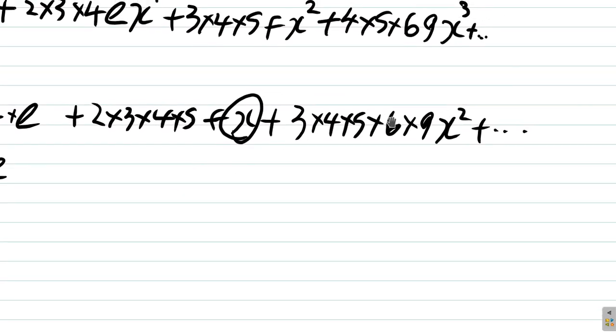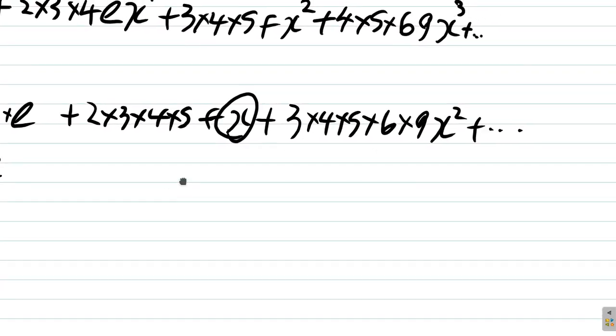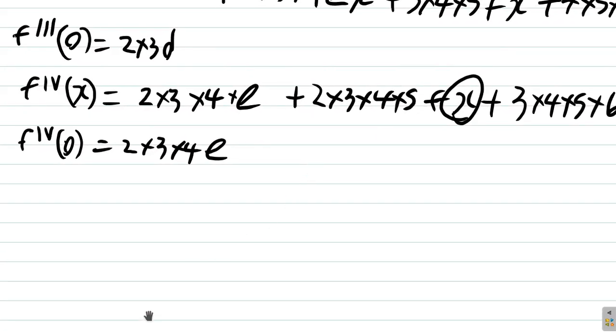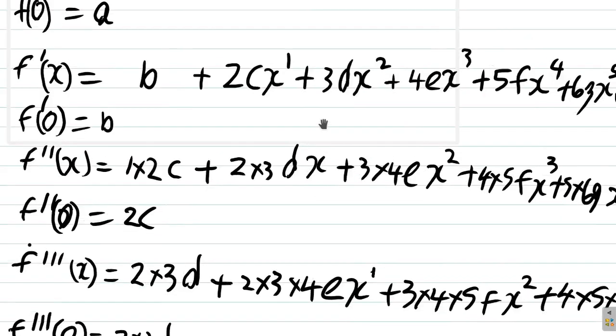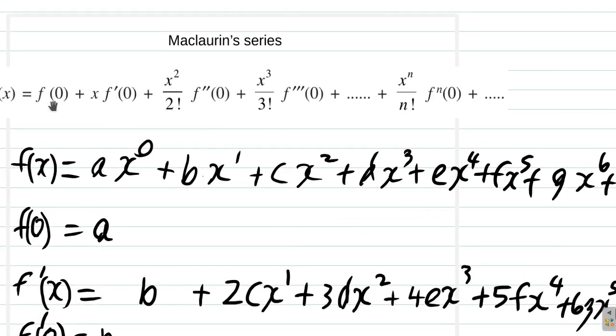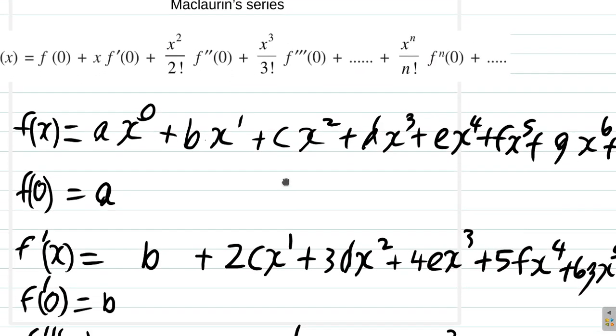And the same thing would happen to this as well. So here, what we have is f4 prime of 0 is this. All right. Now, we have this so far. We get the idea.